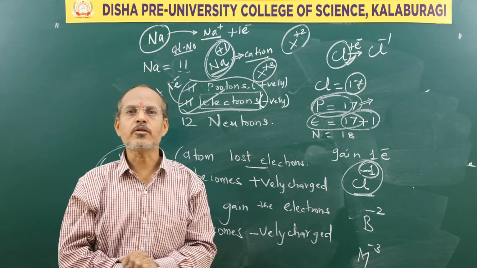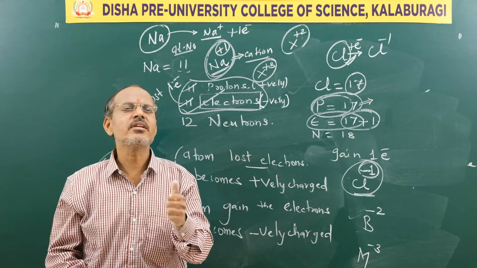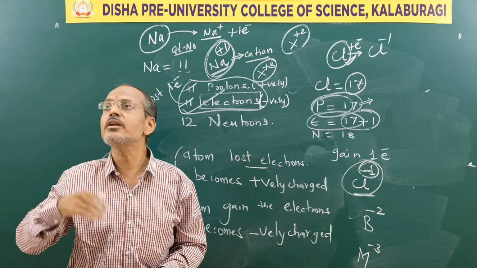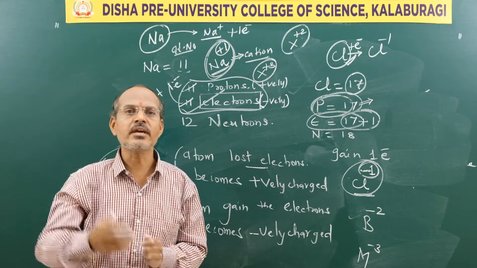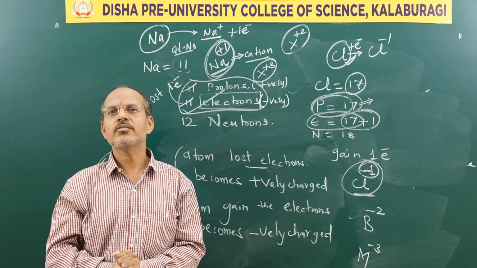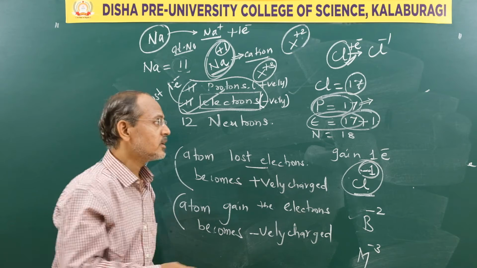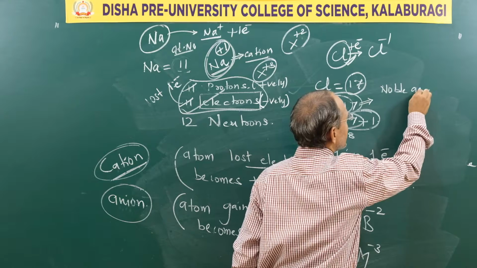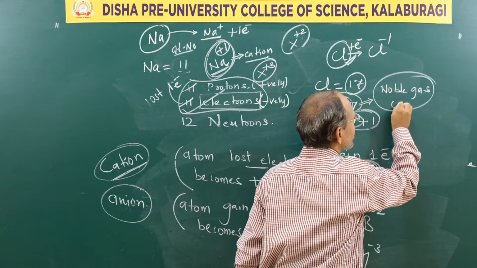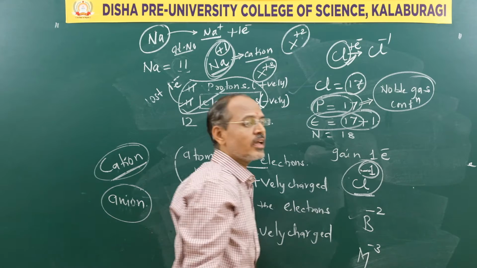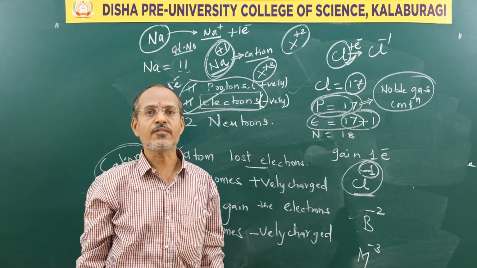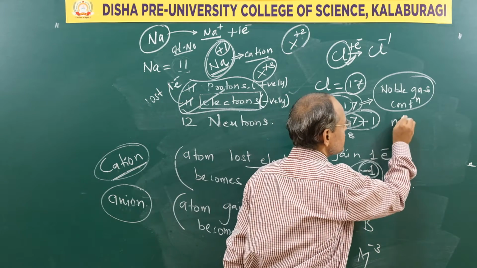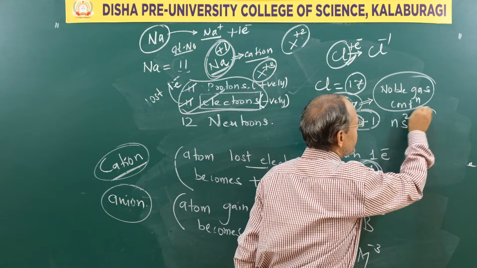Now, the second point. What is the necessity? Why are they ready to accept or donate electrons? Because they want to attain noble gas configuration, or you can say octet electronic configuration, that is ns2 np6.